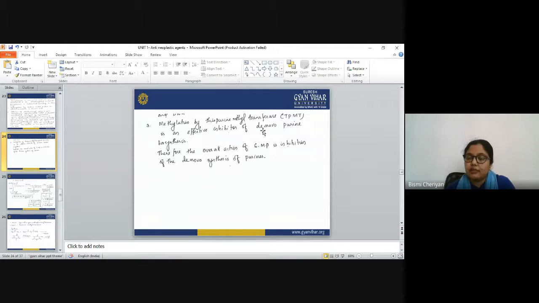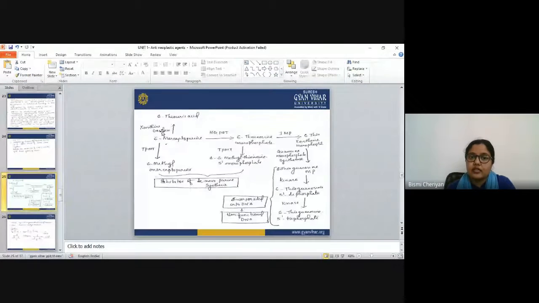How is this TPMT an inhibitor of de novo purine biosynthesis? Because it converts 6-mercaptopurine to 6-methyl mercaptopurine, as well as converting 6-thioinosine monophosphate to 6-methyl thioinosine monophosphate, and these two products are inhibitors of purine synthesis.